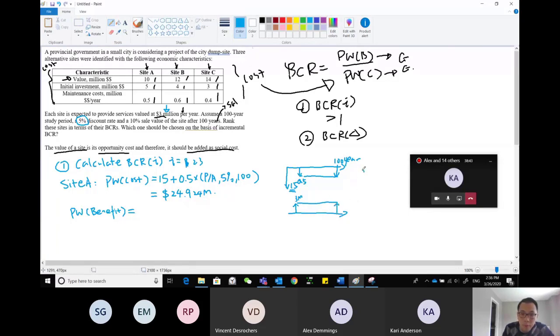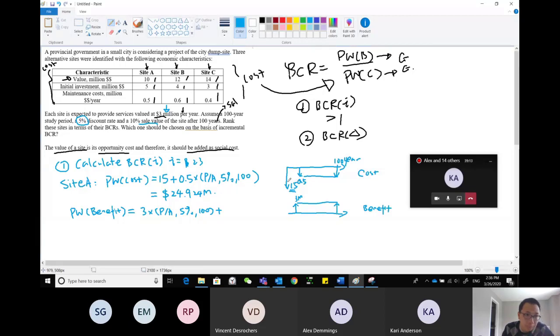So this is the cost, and this is the benefits. That will be $3 million times P over A, 5% over 100 years, plus, by the end of the 100 years, the site will have a sale value of 10% of its value.